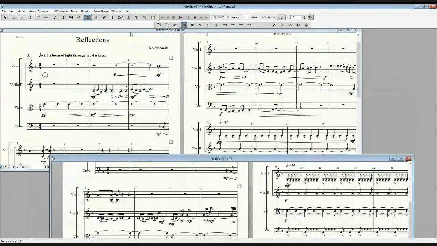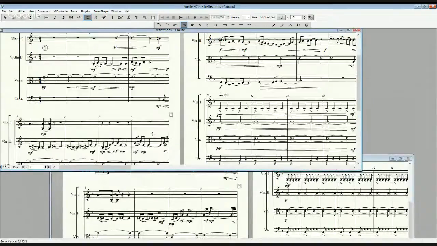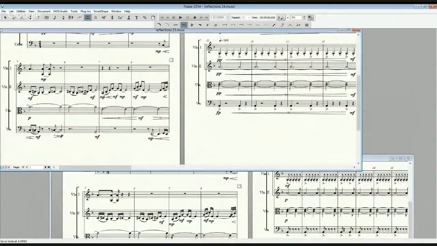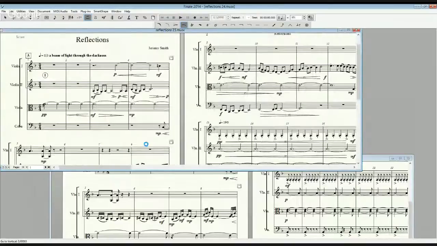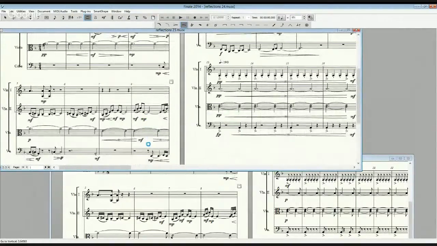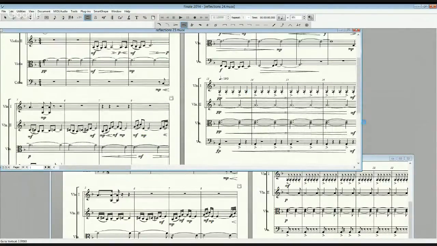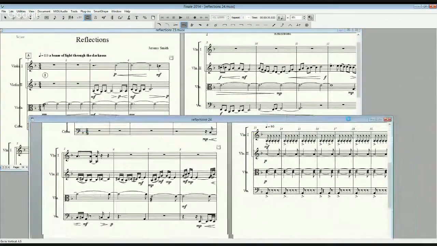What? Oh, it's the bass line. Yeah, crescendo forte.